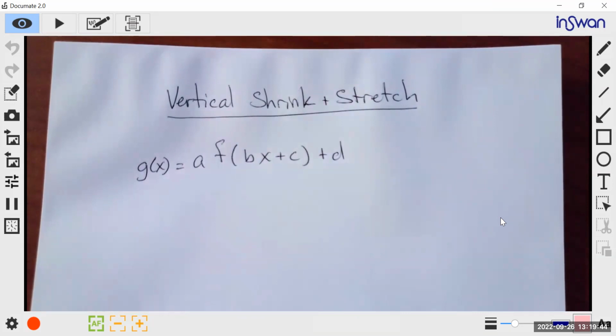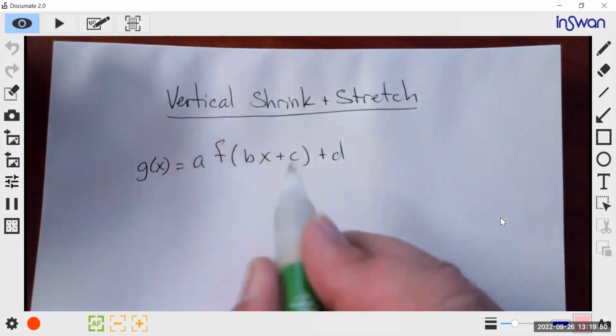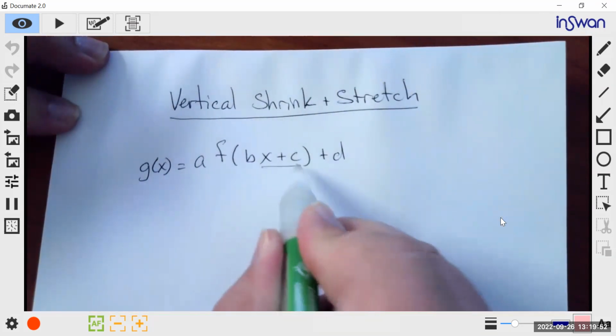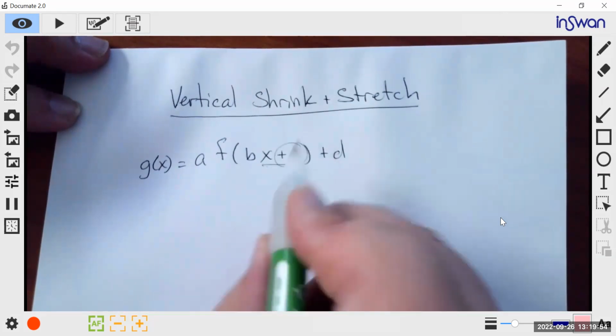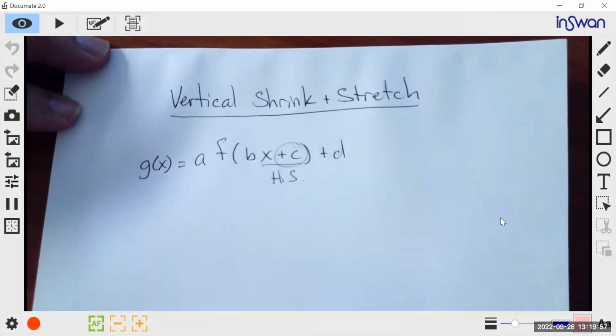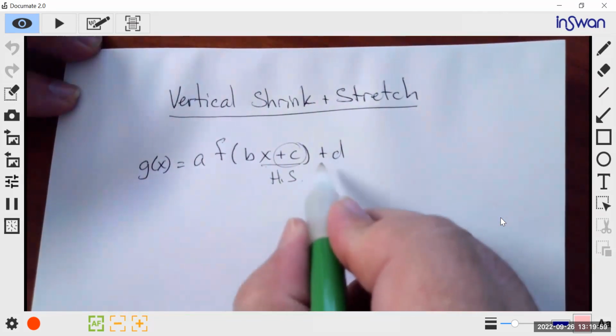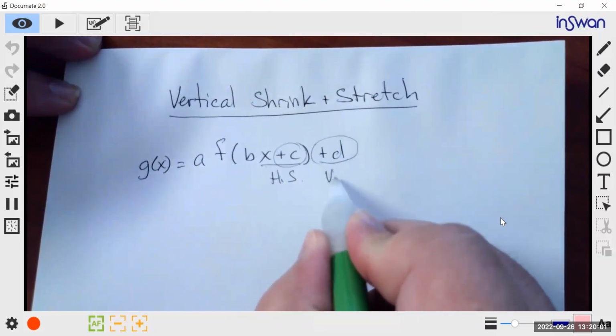Okay, let's look at our equation we have so far. Up until now, which ones have we talked about? We talked about C, that's your horizontal shift. The D is your vertical shift.